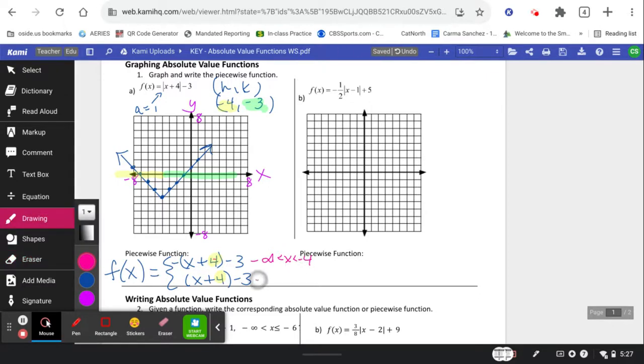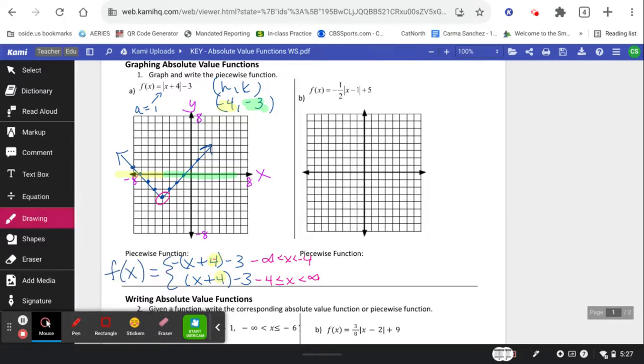And then the other part goes from -4 to infinity. That's my upwards facing. Now, where should the -4 be included? I'm going to include it with the bottom function starting here and then going forward, and not the top. You can't include it in both. So that's it. There's our piecewise function for that absolute value function.